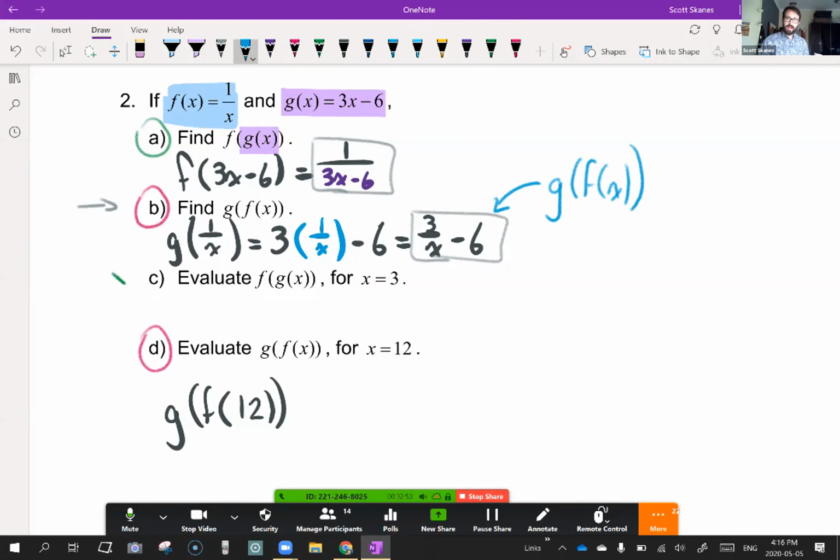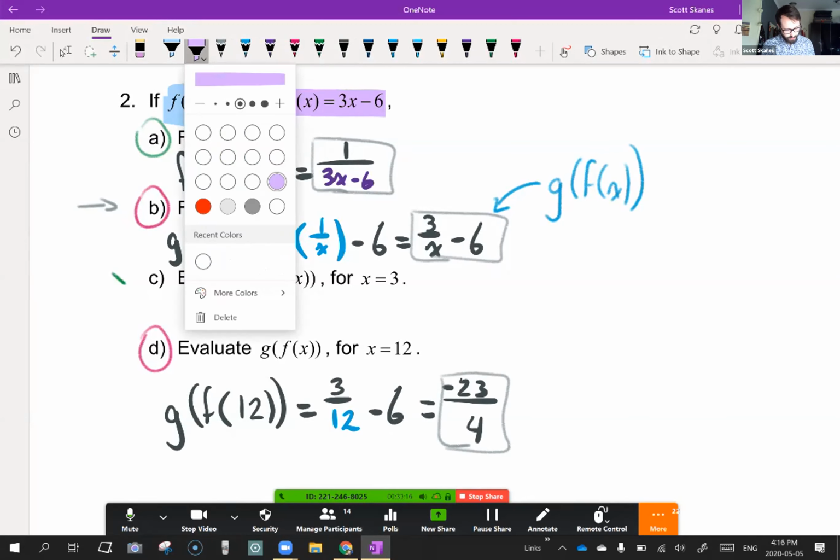So we just take that answer and replace the x. So what is it? It is 3 over 12 minus 6. And so when we solve that, we should get negative 23 over 4. Okay, so that's where that comes from.